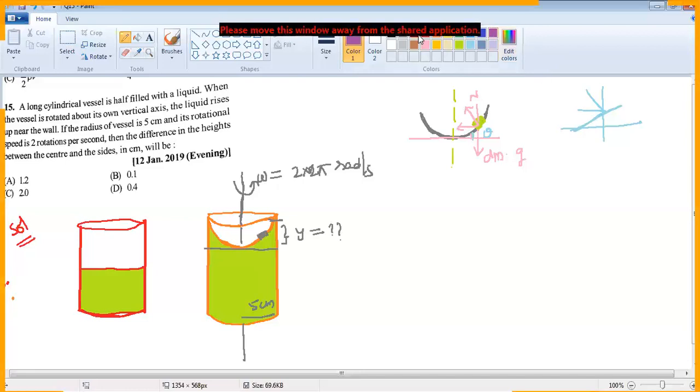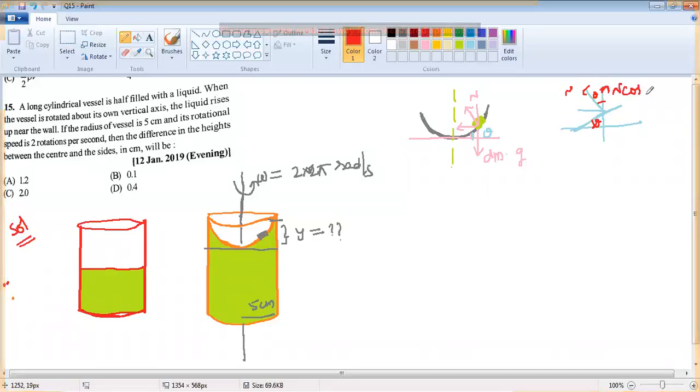This is theta, this is 90 minus theta, this is also theta, and this is 90 minus theta. So this is the normal reaction. Now this is n cos theta, and this one is n sin theta.